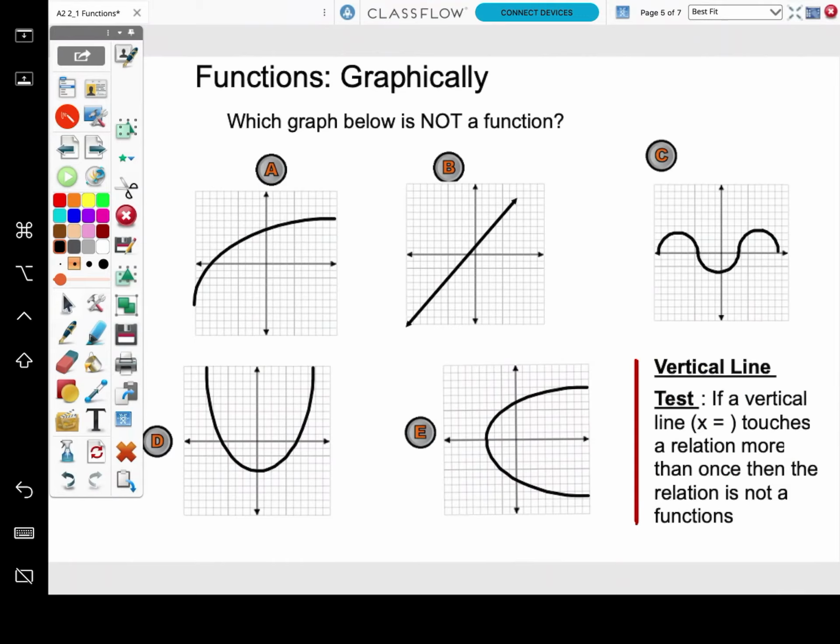If a vertical line, some x equals a number, touches a relation more than once, it is not a function. So I have this little vertical line here that I can use to figure out whether A is a function or not. So I can use my vertical line and pass it through that entire function, and it didn't touch more than once. So I'm going to go ahead and say that A is a function.